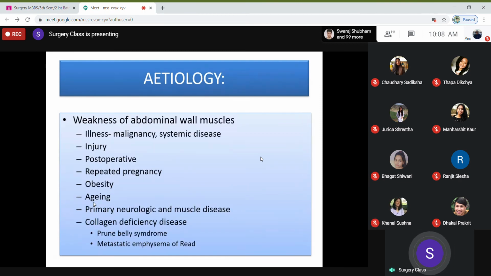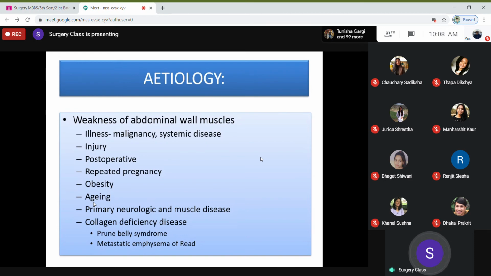And the wall may be weak, especially in a normal person when they get old age, the collagen fibers don't deposit properly in the abdominal wall, in the muscle, in between muscles, so they can become lax and weak. So the wall is weak. Like in malignancy or systemic disease or illness, you have low immunity, low resistance, then the muscles get weak and you develop hernia.